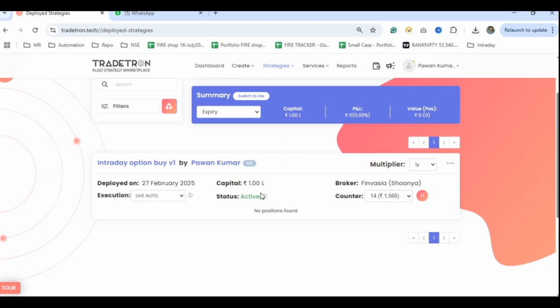It's not that if we keep the exact amount, it is difficult to maintain, because it's an intraday strategy and it's a buying strategy of options. So the target and stop loss have a big percentage impact. If you put 50K as the capital requirement and you see a loss of 3,000, then in percentage terms, 6% on a capital is huge.